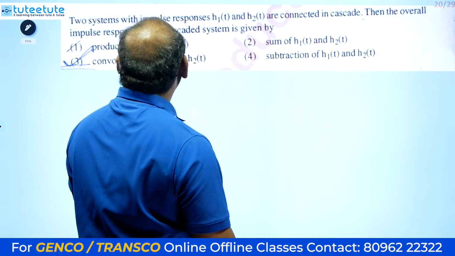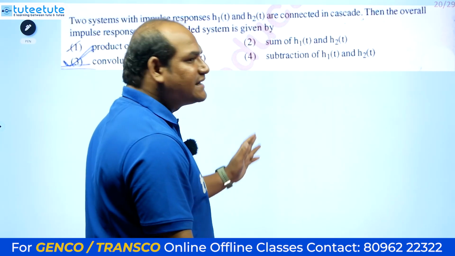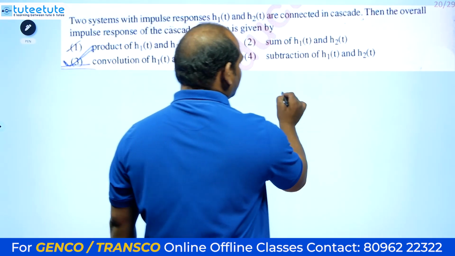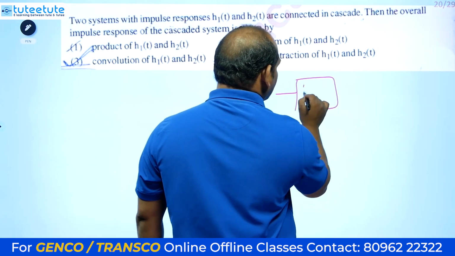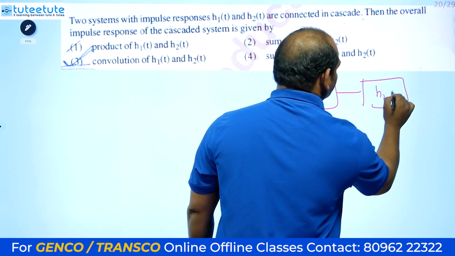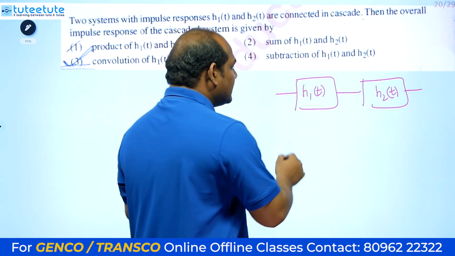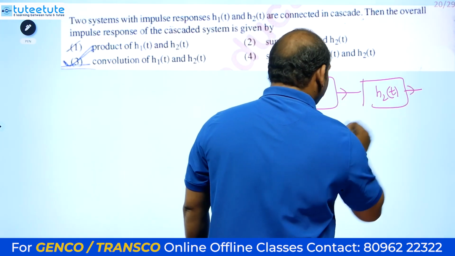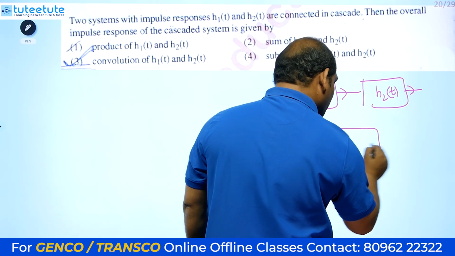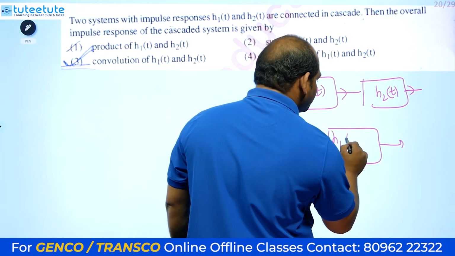Next, two systems with impulse responses H1 of t and H2 of t are connected in cascade. Whenever two systems are in cascade, we can take the connection as a single system, but its impulse response is the convolution of these two.